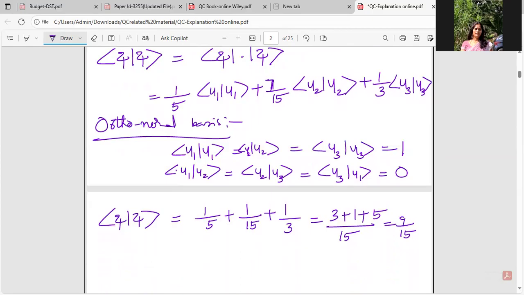And then this is 7, this is 7 again, 8 plus 7.